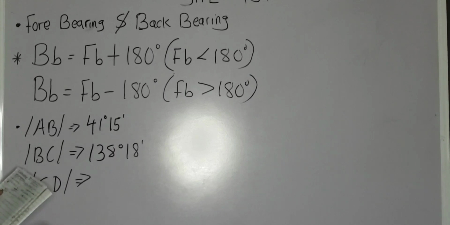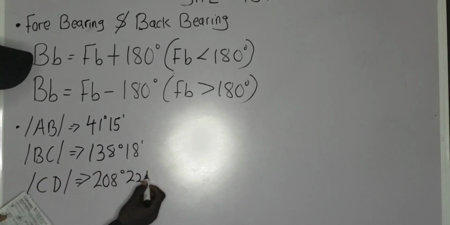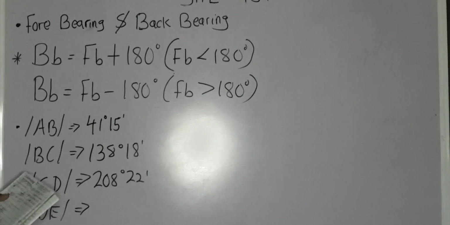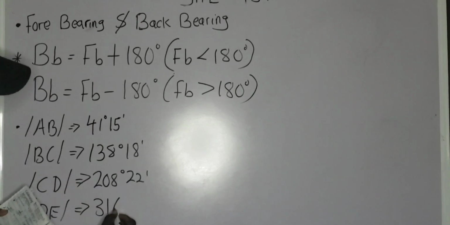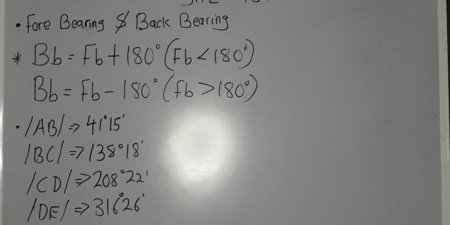Okay, so now line CD is 208 degrees, 22 minutes. And the fore bearing of line DE is 316 degrees, 26 minutes. Now, let me first teach you how to punch this on your calculator.